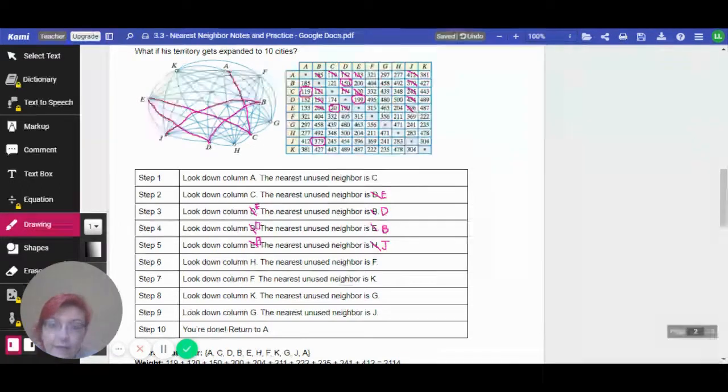Okay, so I have F, ooh, G looks good, and G stays looking good. 241. And that was from J to G. 241 to get from J to G.